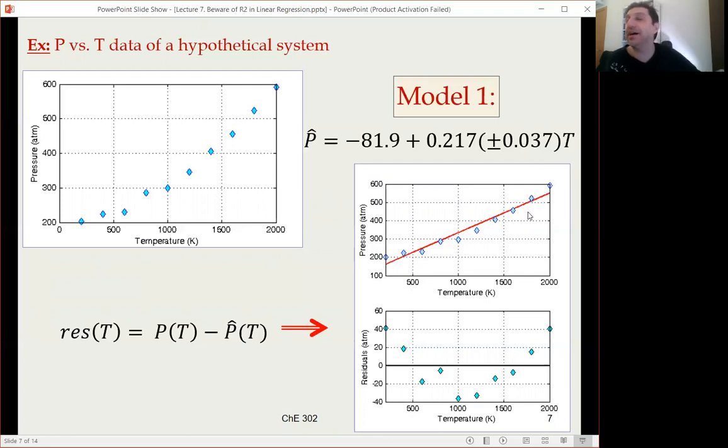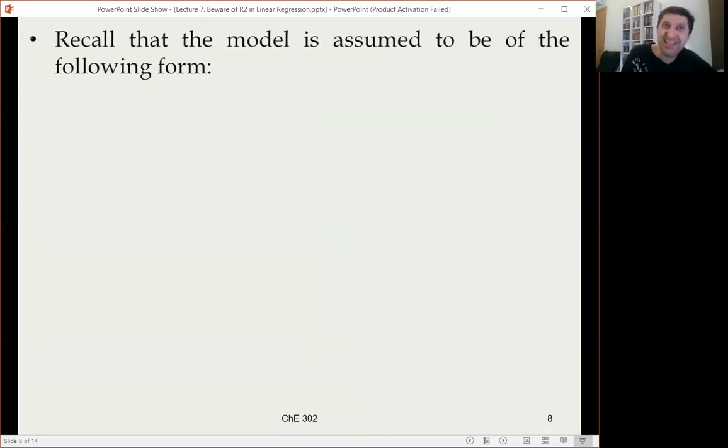Again, there's going to be a bias, and this bias is not related to the equipment. Quite possibly it's not related to the equipment, though it may also be, but for the time being, this has got nothing to do with the equipment, so it's going to be related to the assumed model.